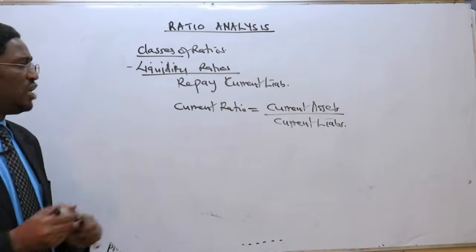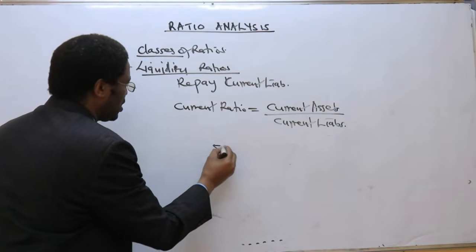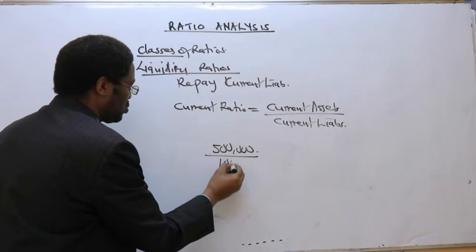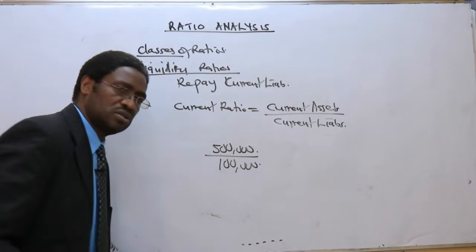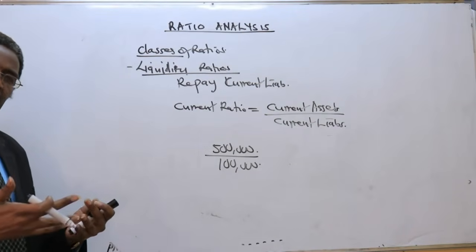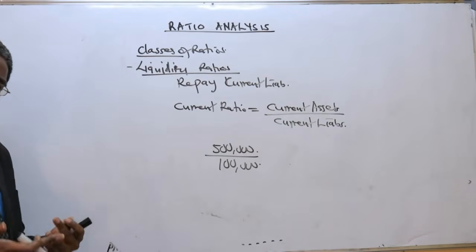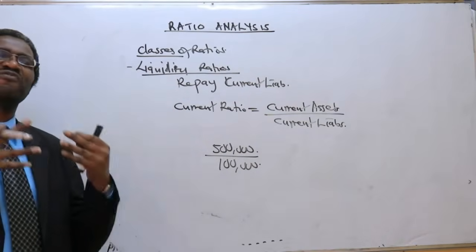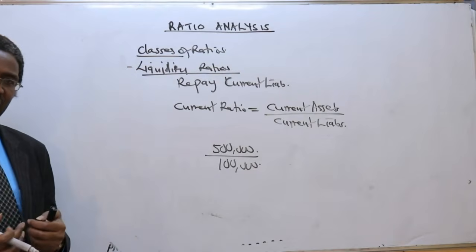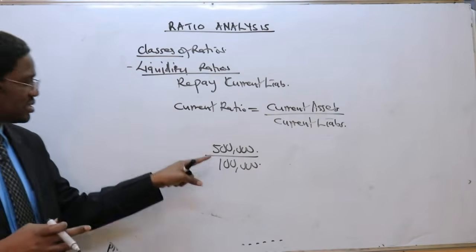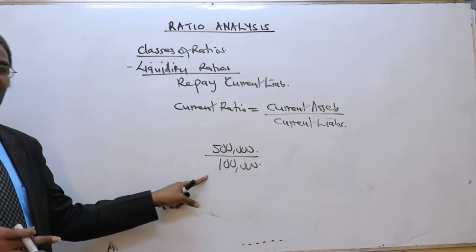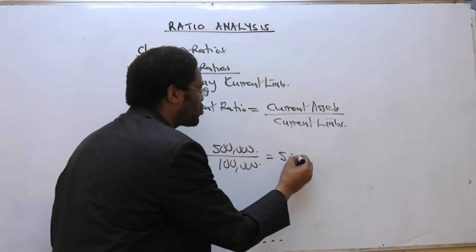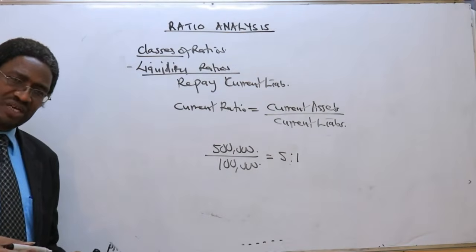Meaning, if your current assets are 500,000, let us assume, while your current liabilities are 100,000, that means if you calculate this, it shows you that our current assets are 5 times as much as our current liabilities. So we compare this and we get a ratio of what we call 5 to 1.